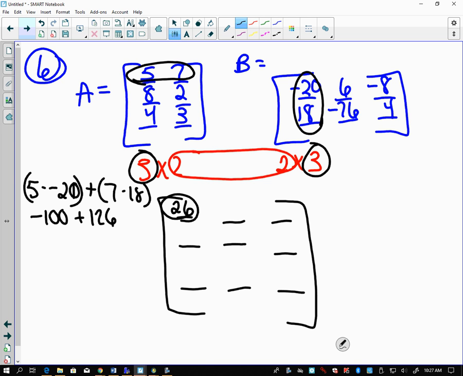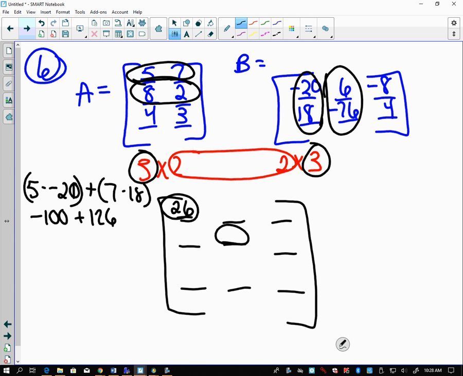Somebody pick a random row and column. Row 2, column 2. So that would be this spot right here, second row, second column. That would mean taking this row and this column. Does that make sense?